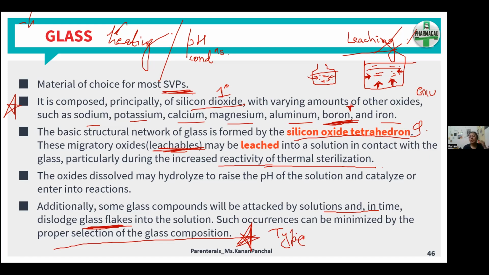So all of this becomes very important. हम tablets and capsules में compatibility study नहीं करते with the packaging, but here you see how important the packaging is. All right, so did you all understand the point? Yes, ma'am.